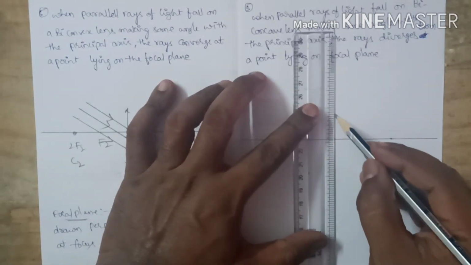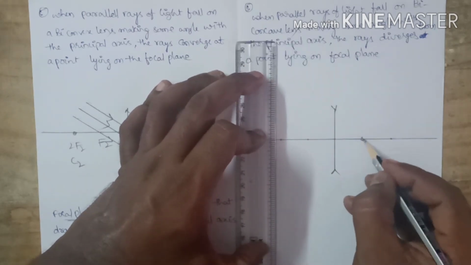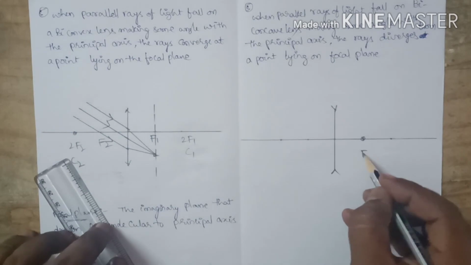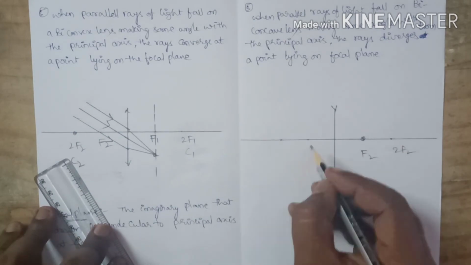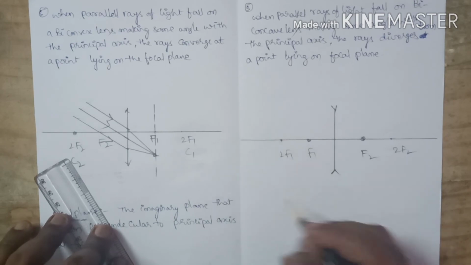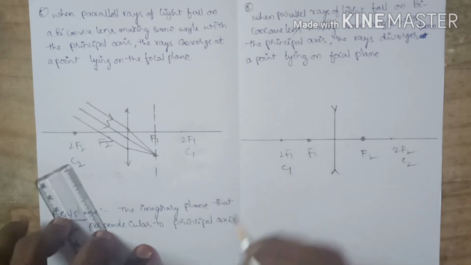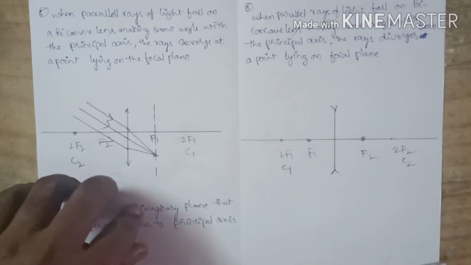Draw the biconcave lens at the optic center. Now, this point is considered as F2 to F2 and this point is considered as F1 and 2F1. F2 is nothing but center of curvature 2. F1 is nothing but center of curvature 1.